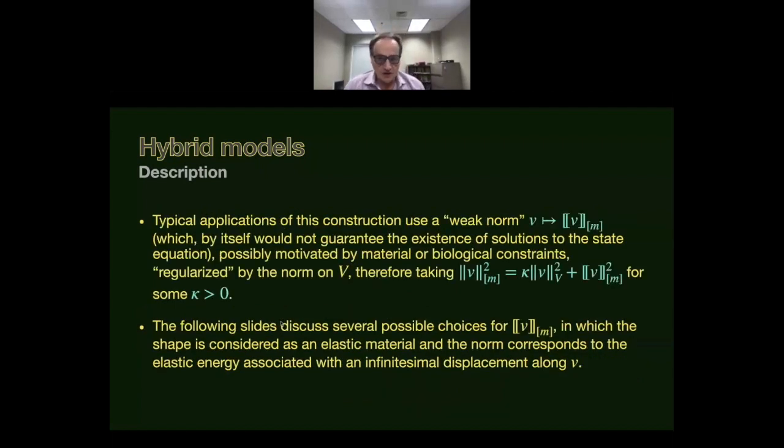The way we are going to apply this is to replace the norm on V by adding something that depends on the deformed shape that will relate to elasticity theory.